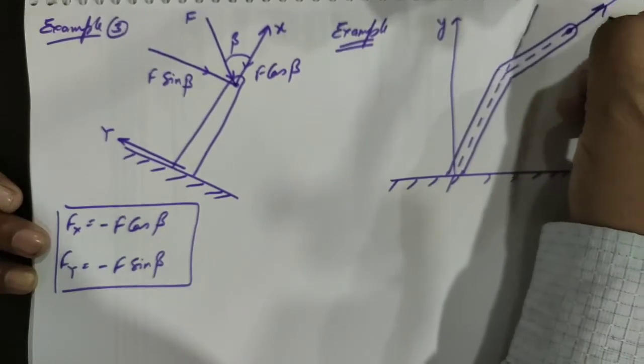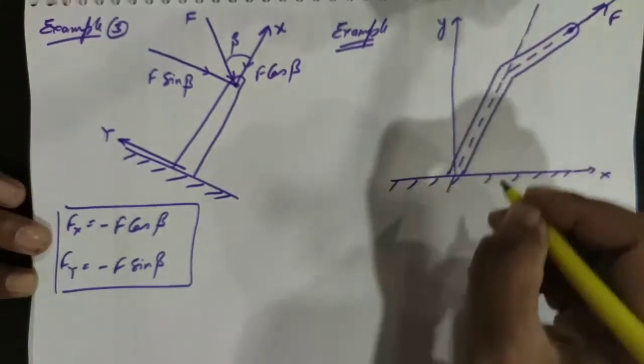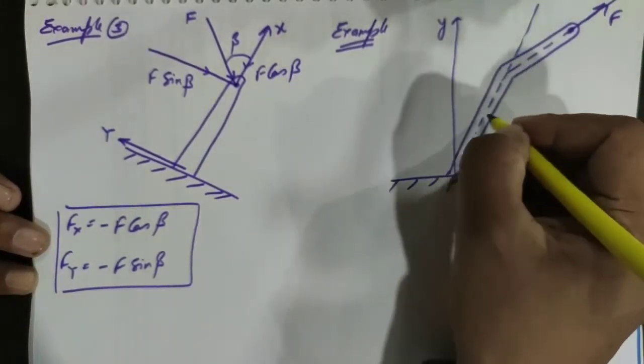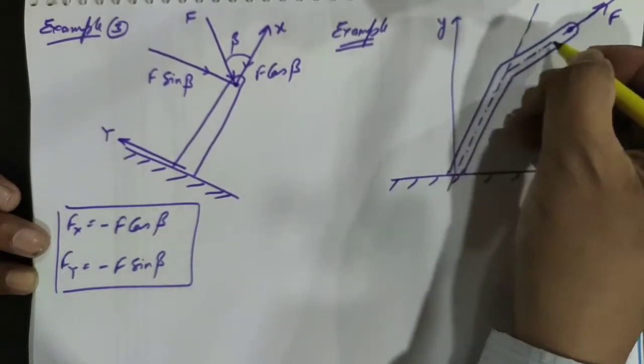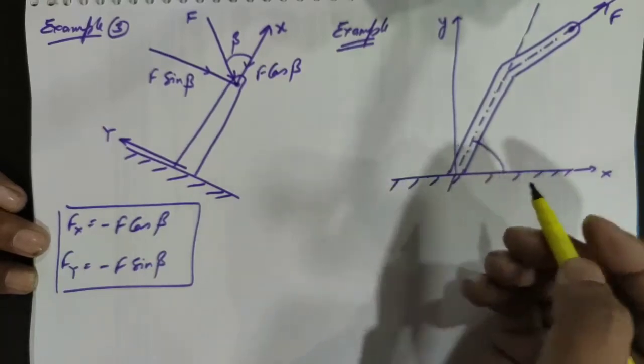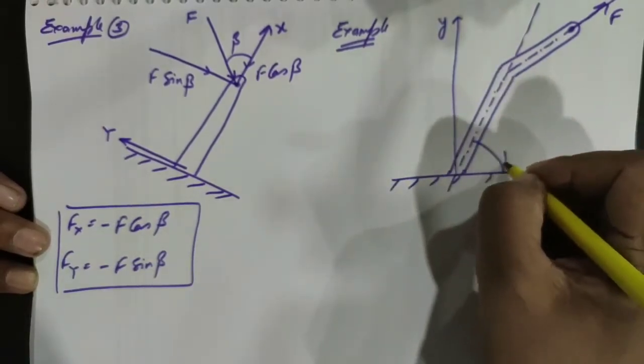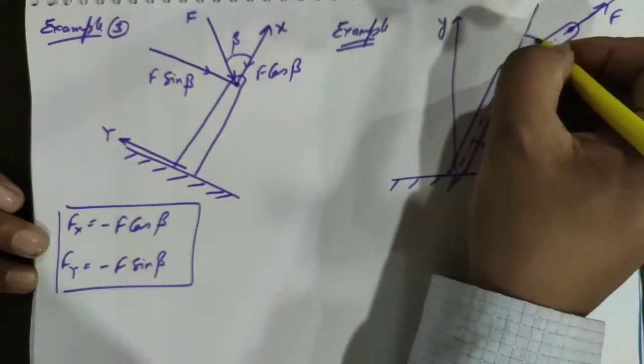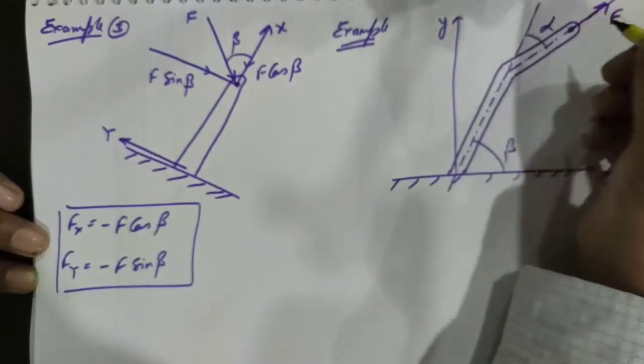The F force is acting in this direction. It has angle beta with the x-axis, and it has angle alpha with this line.